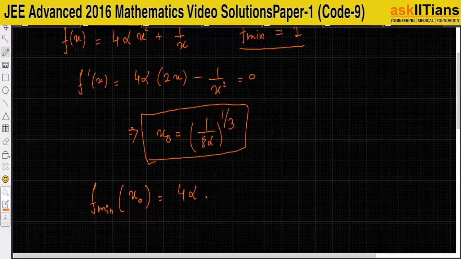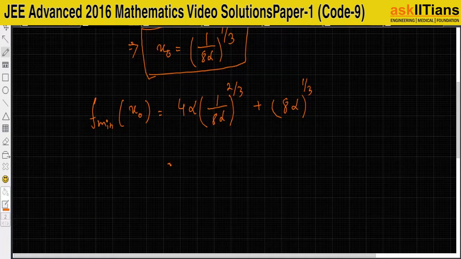This will be 4 alpha into x square. X square is 1 by 8 alpha whole to the power 2 by 3, plus 1 by x. 1 by x will be 8 alpha whole to the power 1 by 3. Alright, so if I simplify this, I get 4 alpha in the numerator, and in the denominator I have alpha to the power 2 by 3. So I'll get alpha power 1 by 3, and 8 to the power 2 by 3 is 2 square, that's 4, plus here I'll get 2 cube to the power 1 by 3.